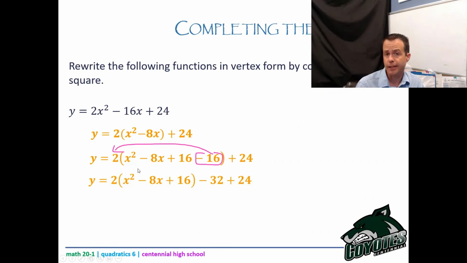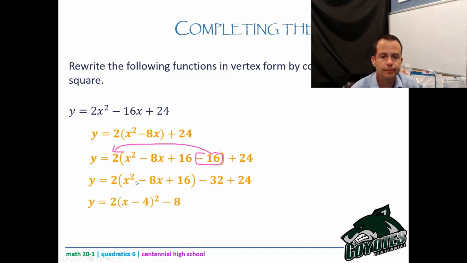I can factor that into x minus 4 all squared, right? The first term is the square root of the first term, the last term is the square root of the last term, and the sign in the middle is the sign in the middle. And then negative 32 plus 24 is negative 8. So the vertex form equation of that guy would be y equals 2 times x minus 4 all squared minus 8.